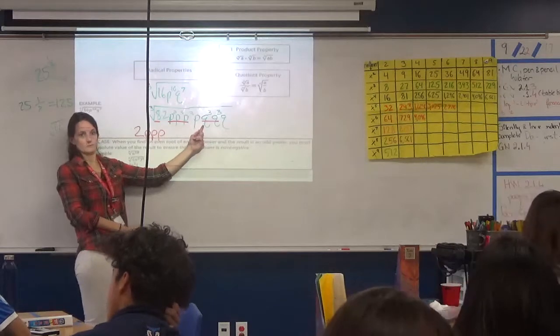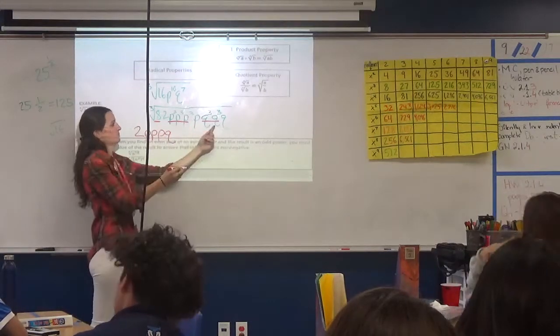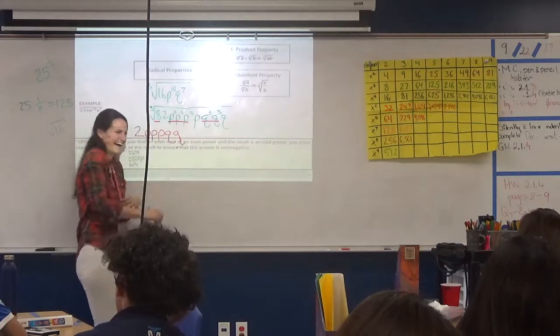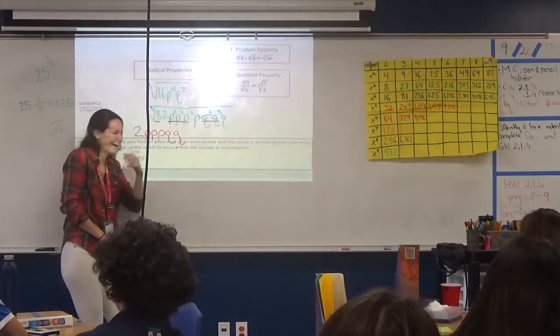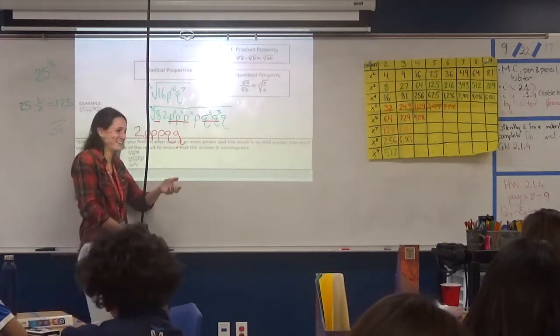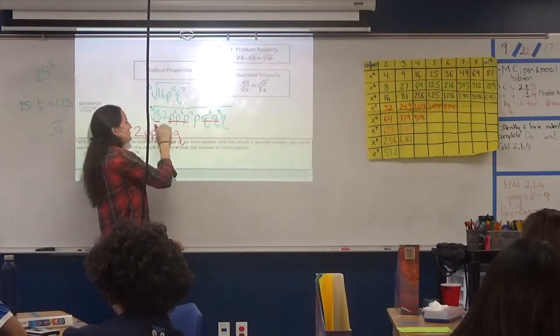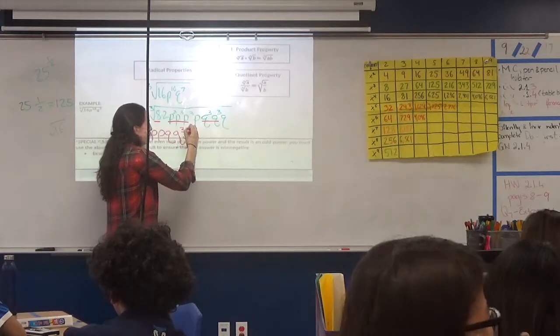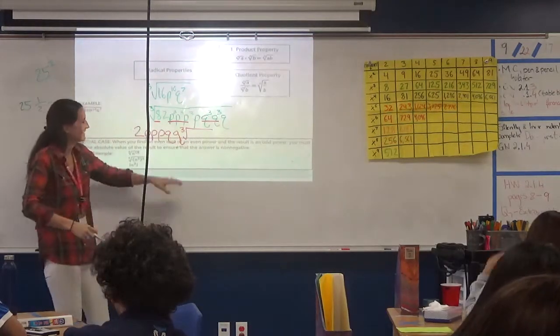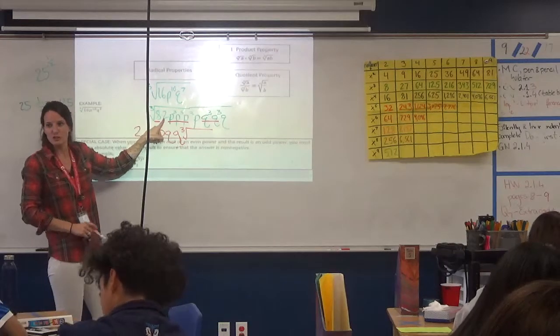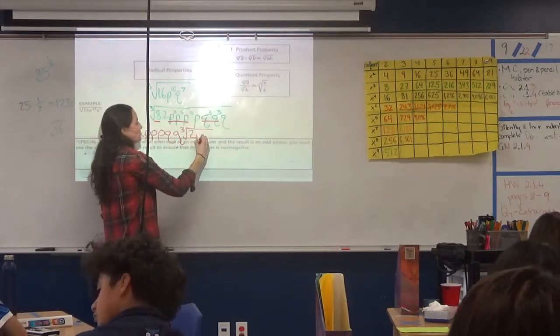What about this one? And then that leaves the cube root of what's left inside: the 2, the p, and the q.